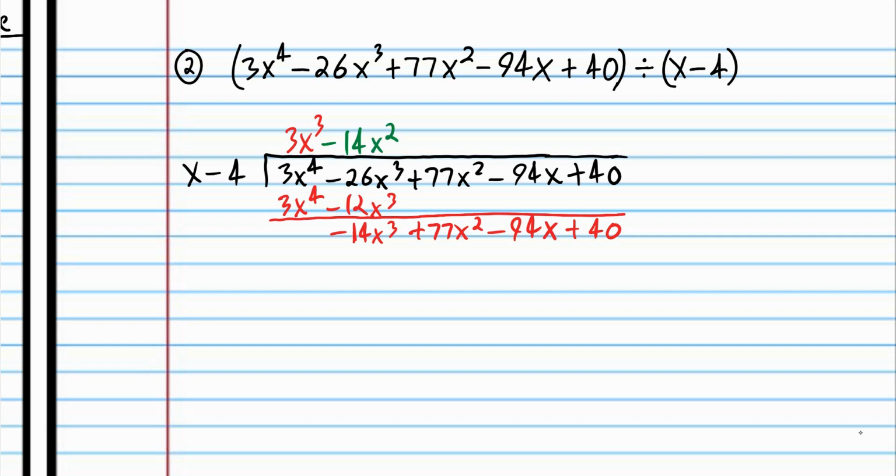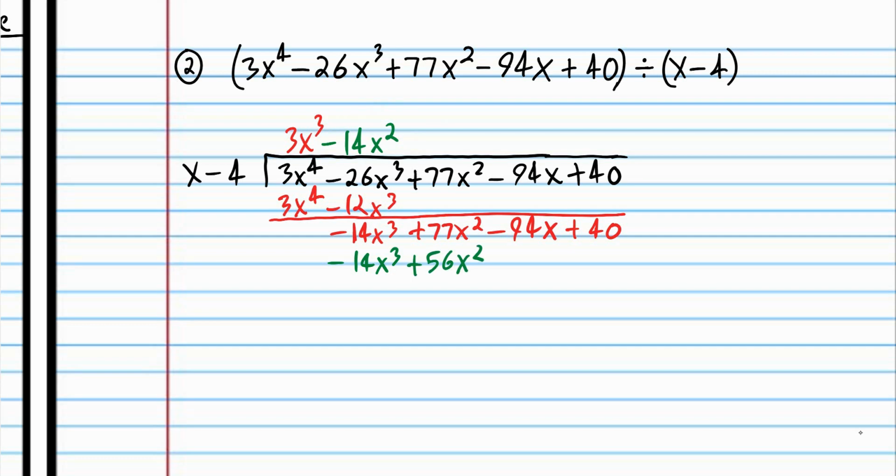Step number 2, we're going to multiply that term we just wrote by the divisor. Negative 14x squared times x is negative 14x cubed. And negative 14x squared times negative 4 is positive 56x squared. That was step number 2 of cycle 2.